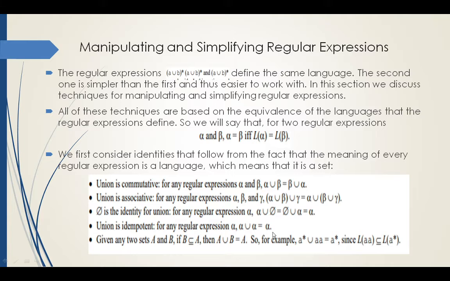For any two sets A and B, if B is a subset of A, then A union B is equal to A itself, because B is a subset of A. So the result of A union B is A. For example, a* union aa equals a*, because aa is a subset of a*. a* means you can take any number of a's, and here two a's are there.